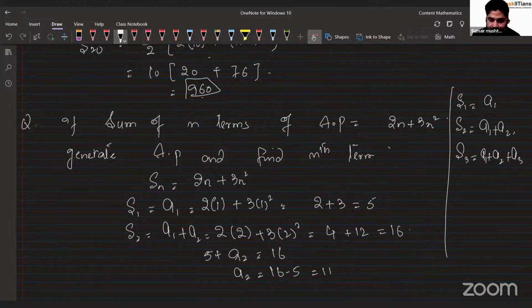Come on, generate S3. That means the third term. Come on, do it fast. What will be the third term? Come on, people, tell me what will be the third term.